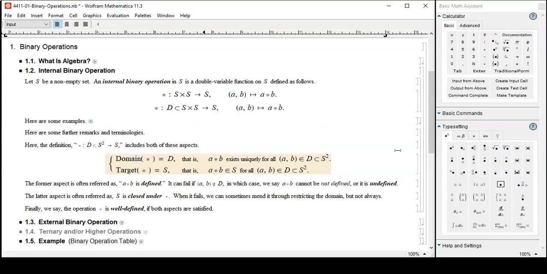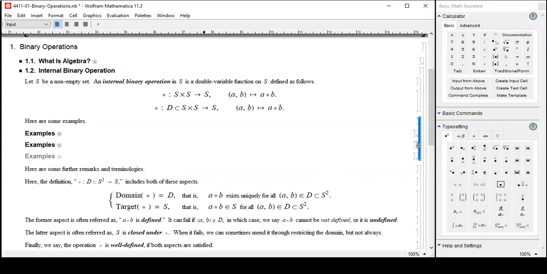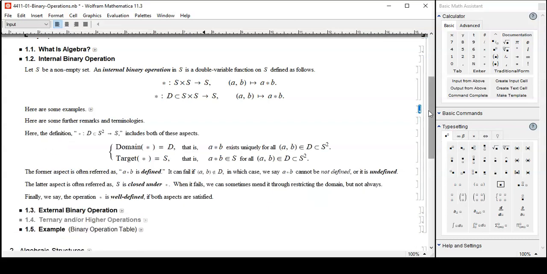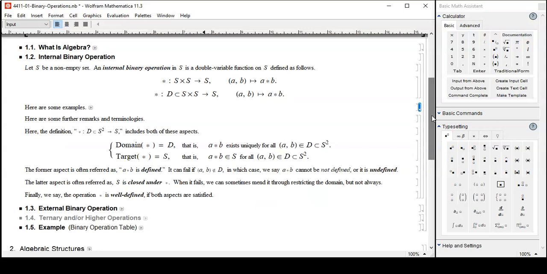That happens when (a, b) is selected outside of the domain, such as in this kind of situation, if the denominator is 0, then numerical division is undefined. Now let's look at the second concept here, the target.